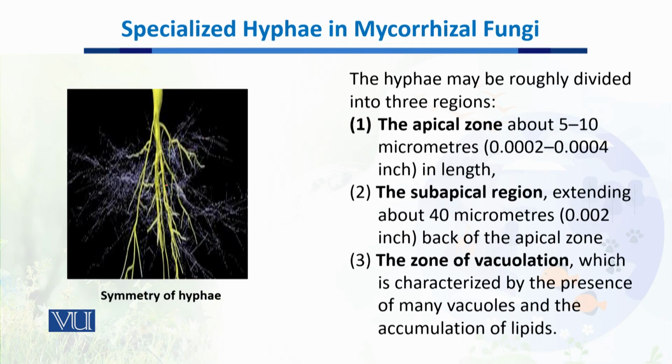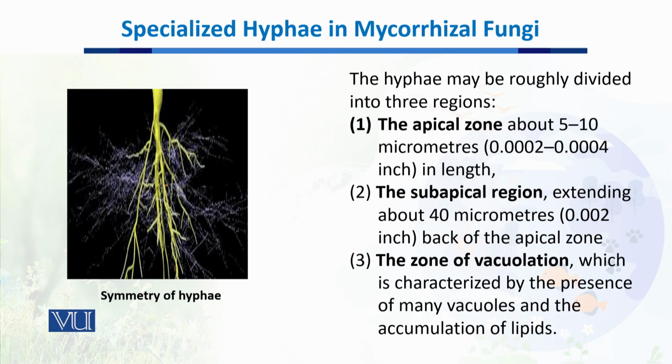Now, roughly we can divide these hyphae into three regions. The apical zone is the one at the tip, at the far end. They are about 5 to 10 micrometers in length. Then we have the subapical region, where we have hyphae that extend up to 40 micrometers and back to the apical zone.